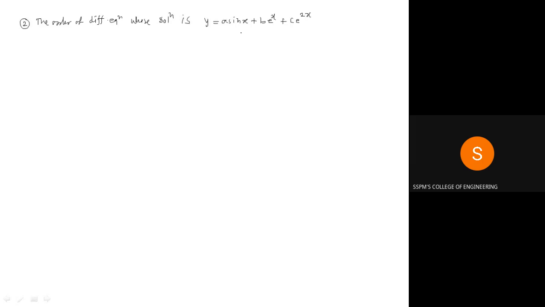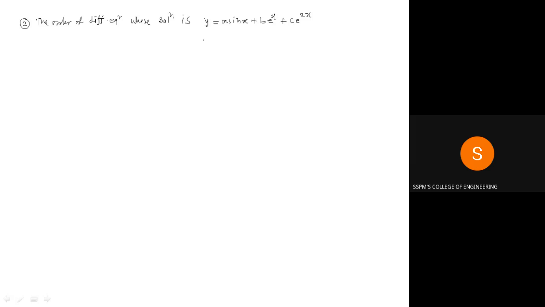If this is the solution, then how do we get the order of the differential equation from that solution? How can you find the order? In this solution how many arbitrary constants are there? 1, 2 and 3. So the number of arbitrary constants is equal to the order of differential equation.